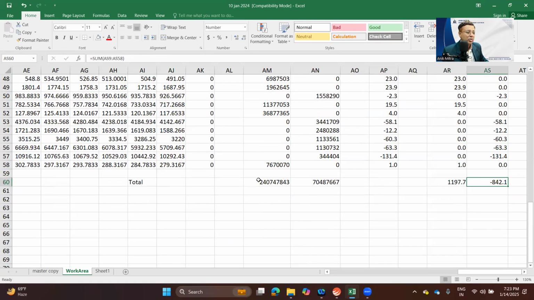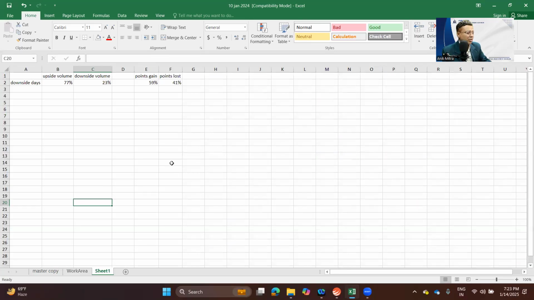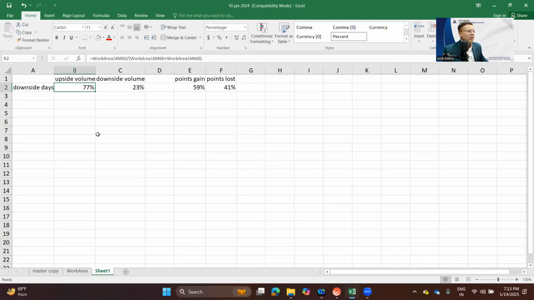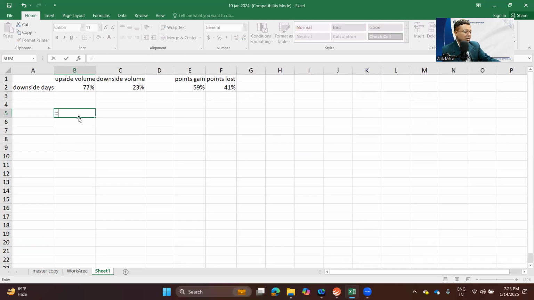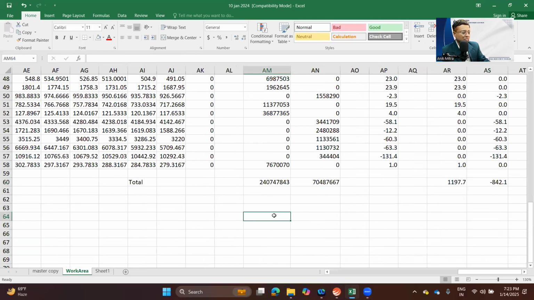Now this is the framework I have done. Now I will be applying the final formula. Total upside, let me compute it. I can compute it in the previous page as well. This is the upside volume divided by upside plus downside volume, meaning total volume.